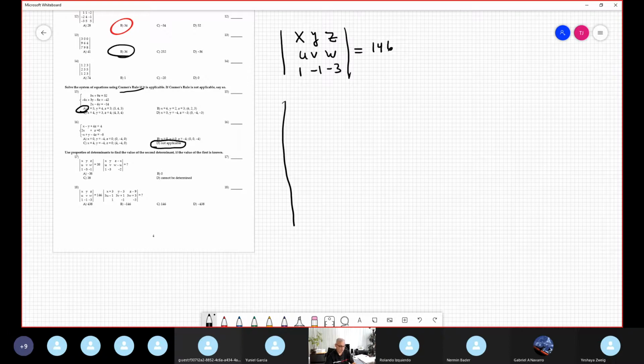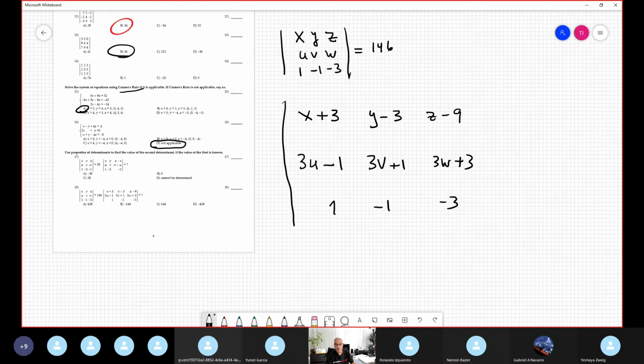It's a little bit more complicated: x plus 3, y minus 3, z minus 9, 3u minus 1, 3v plus 1, 3w plus 3, and 1, negative 1 and negative 3. And at least the last row is identical.